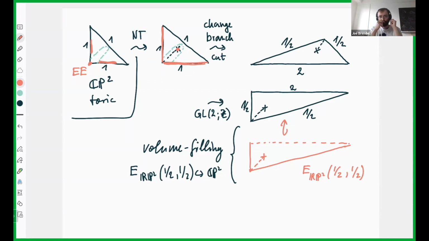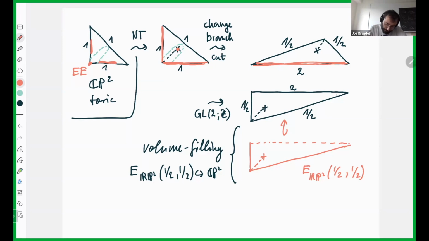It's one way to think of it. And then by a change in branch cut, you end up with a picture that looks like this. And the change in branch cut doesn't do anything to the fibration. It's just a different way of drawing in R2 what's going on.